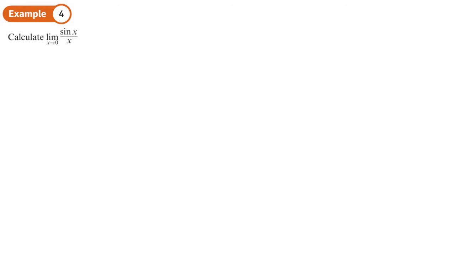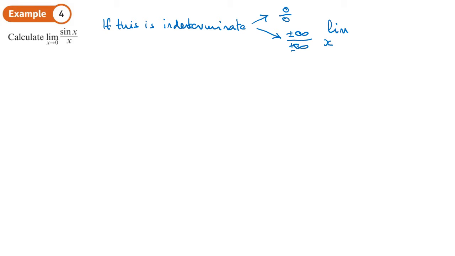Okay, so here it says calculate the limit as x tends to 0 of sine x over x. So the first thing we need to do and decide is find out if this is indeterminate. So do we end up getting 0 over 0 or plus or minus infinity over infinity as in this case x tends to 0?